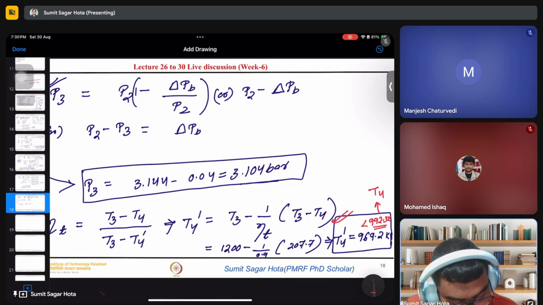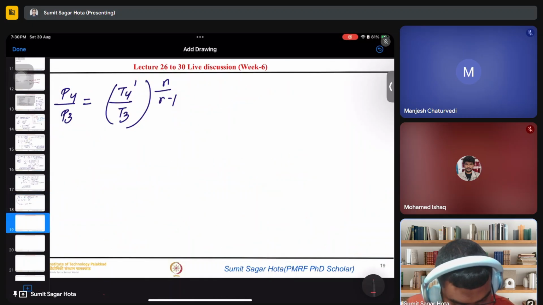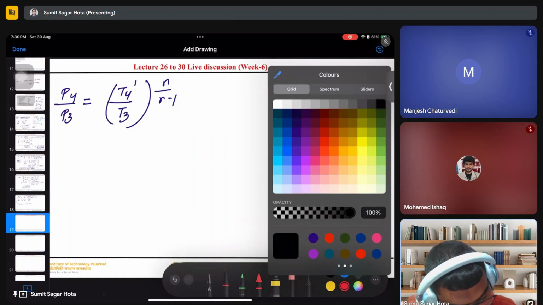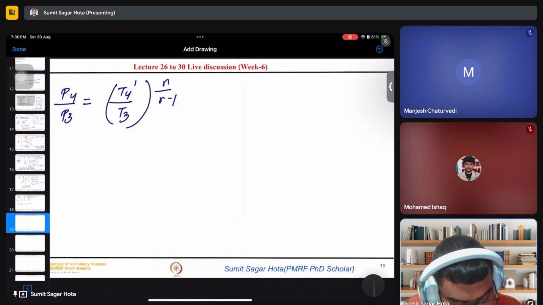This will be an isentropic process we are assuming. So like that you can think of what relation you need to apply.